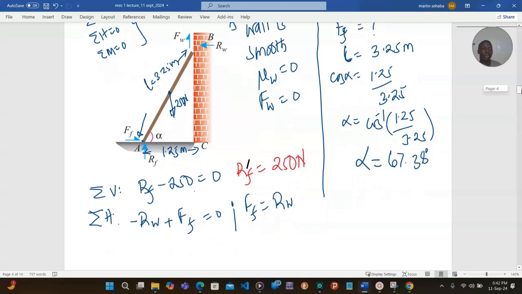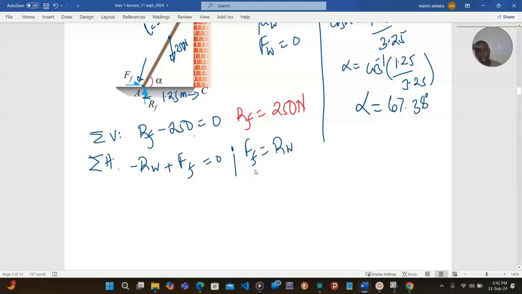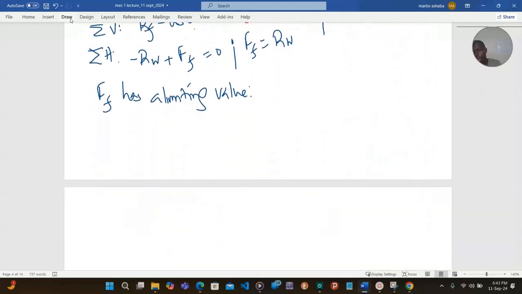But what is Ff? This is not a limiting value of friction, but since we are told that it has a coefficient of friction, let us use mu F times Rf, because we know friction is equal to mu R. So this is equal to 0.3 times 250.